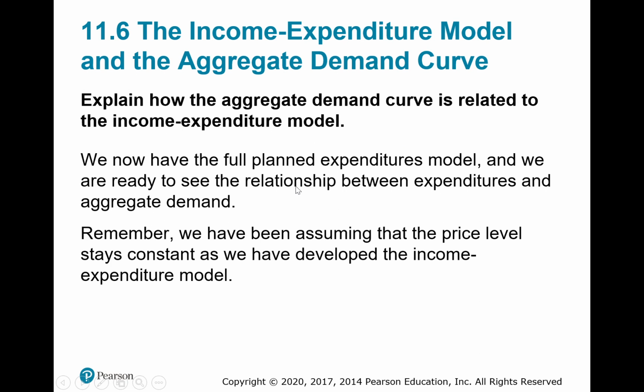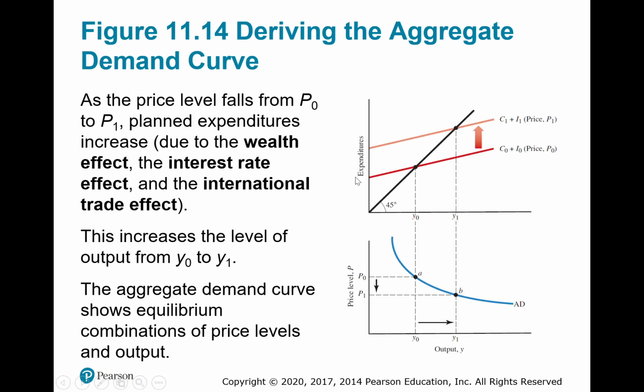So how does this income expenditure model and the aggregate demand curve actually relate to each other? We have basically looked at a full planned expenditure model, and we are ready to see the relationship. Remember, we've been assuming that the price level stays constant as we've developed everything, because we like to deal with constants. As the price level falls from the original price to the next level, our planned expenditures increase.